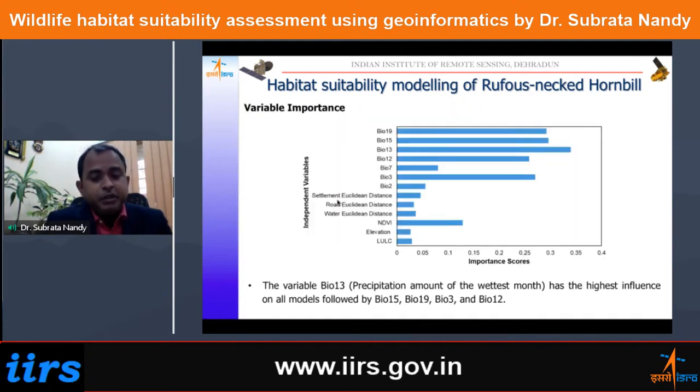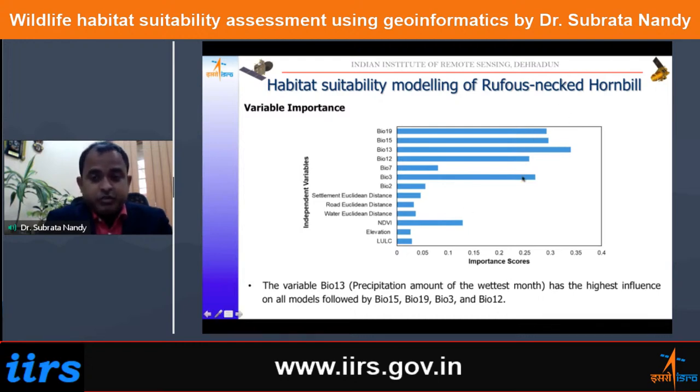Now when you see the variable importance, out of this also we have calculated which variable is most important. Out of the selected variables, we found that bio 13, which is basically the precipitation amount in the wettest month, has the highest significance in all models, followed by bio 15, 19, 3, and 12.